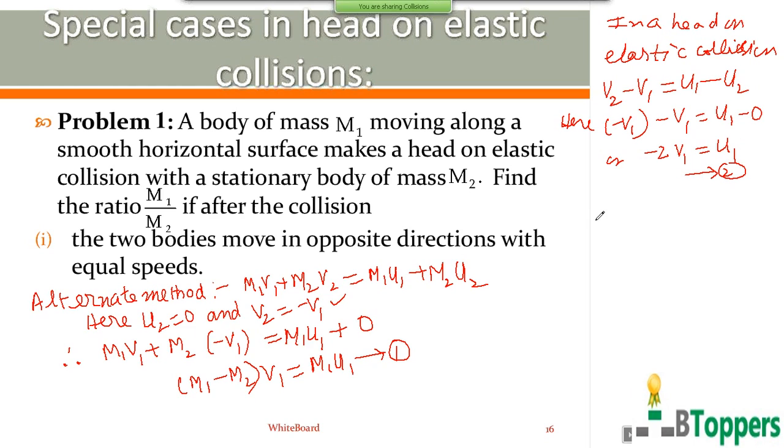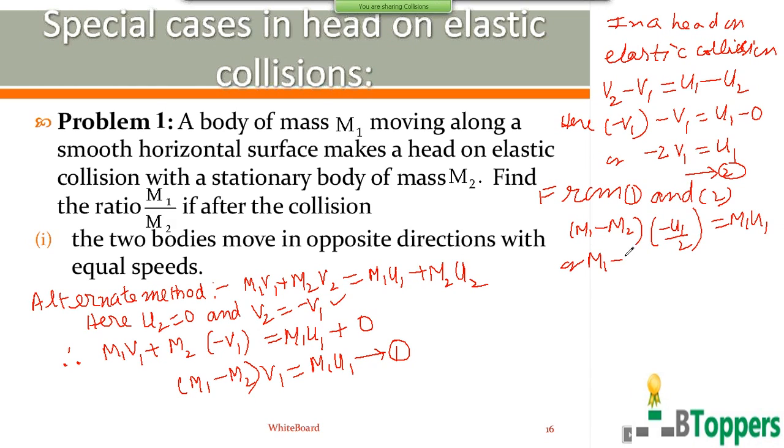So you can substitute v1 in terms of u1 from the second equation into the first equation. So m1 minus m2, with v1 equal to minus u1 by 2, equal to m1 u1.